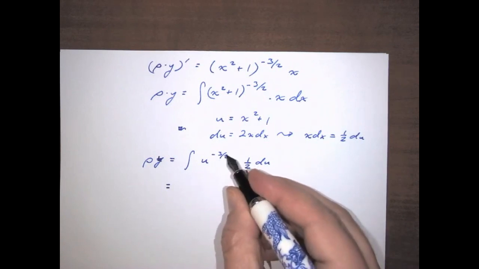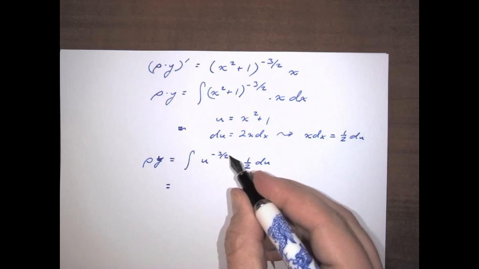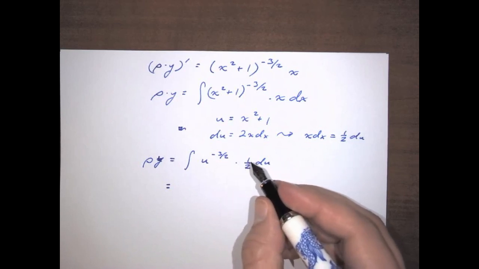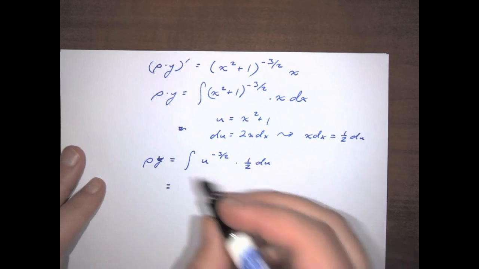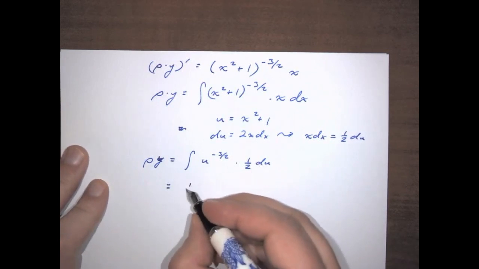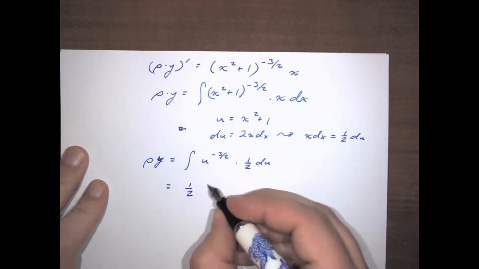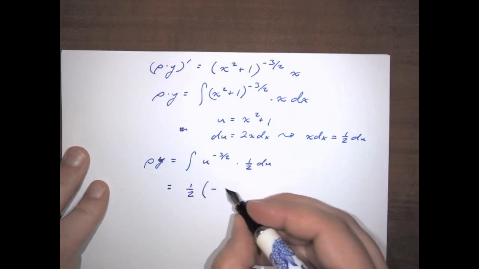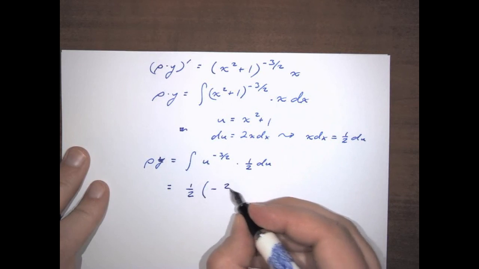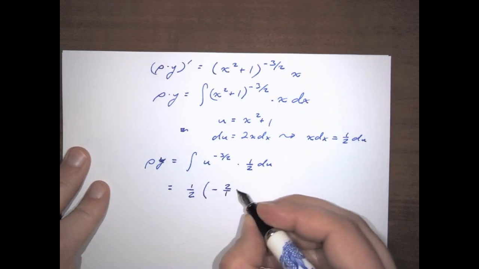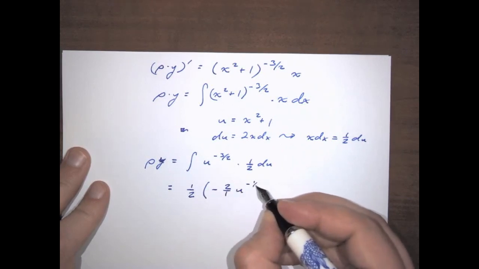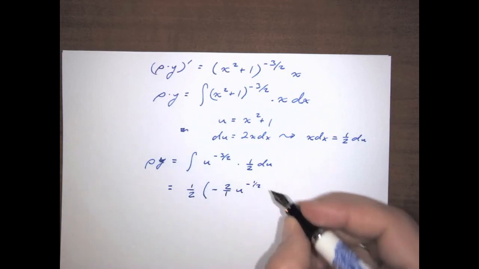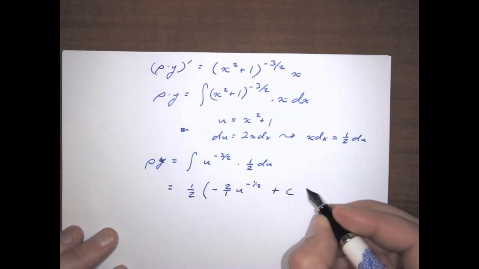You add 1 to the exponent, so negative 3/2 becomes negative 1/2, and then you multiply by the reciprocal of that. We pull the 1/2 out to the very front, times negative 2 over 1 u to the negative 1/2, plus c.